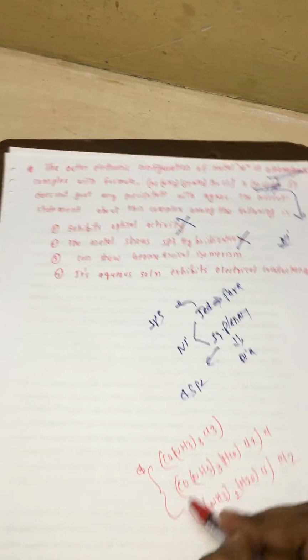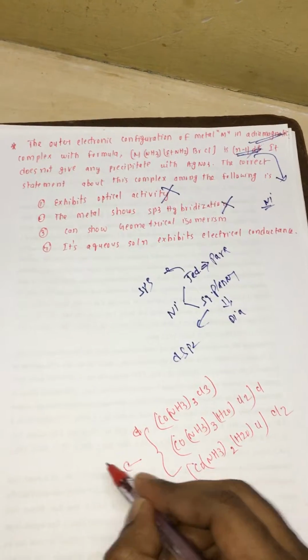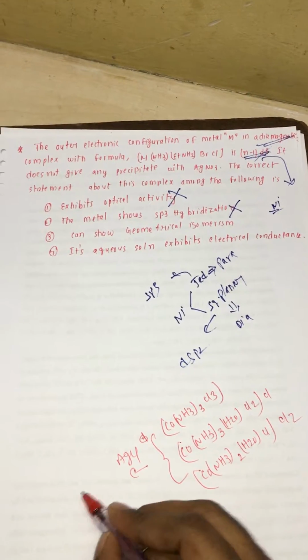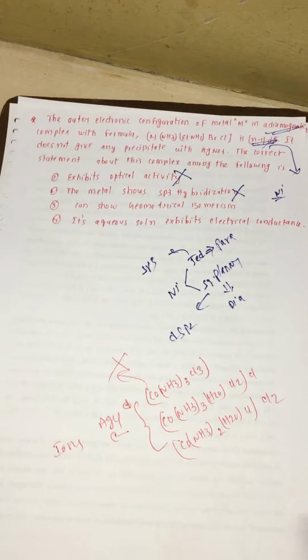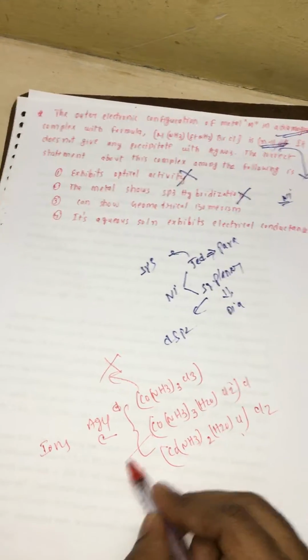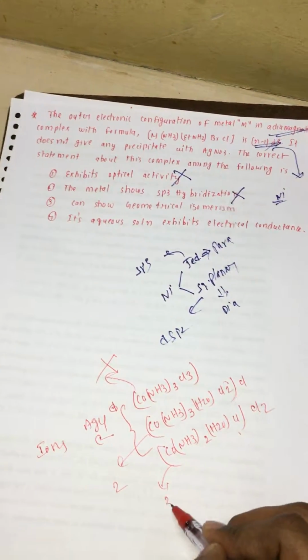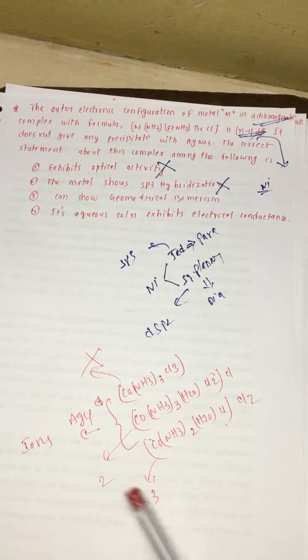If you add these metal complexes to AgNO3, they form ions. This one will not form ions, so the remaining two form two ions and three ions. So here they are forming ions.